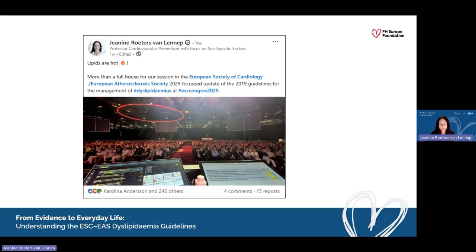As you can see here, this was my view when we presented our focused update. It was a hall with 5,000 people, totally packed, and even in the back there were people standing, all cardiologists and researchers and people interested in lipids. I thought it was amazing because lipids were not always so popular, but this time everybody wanted to know what was in our focused update.